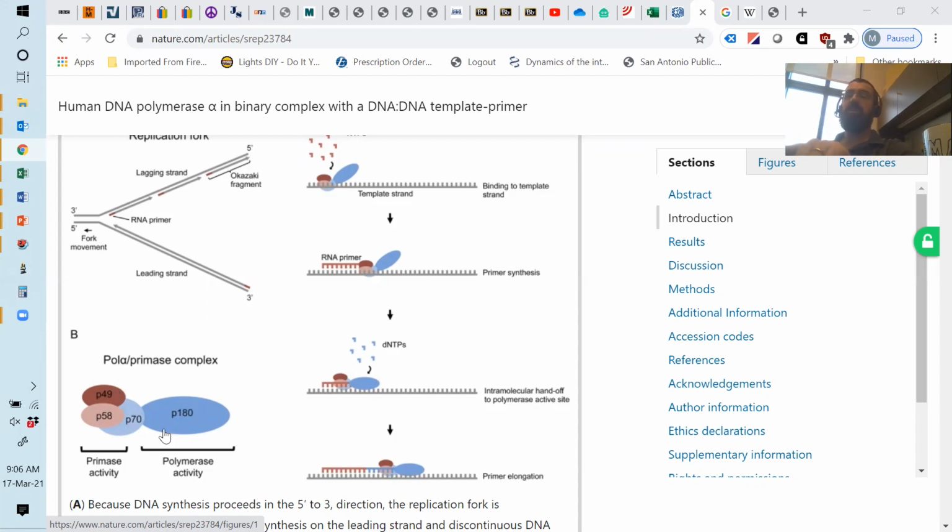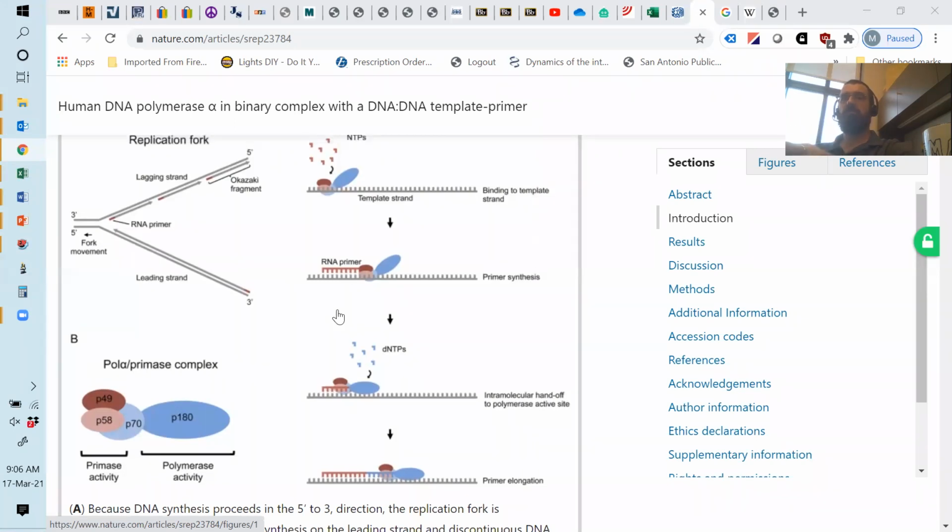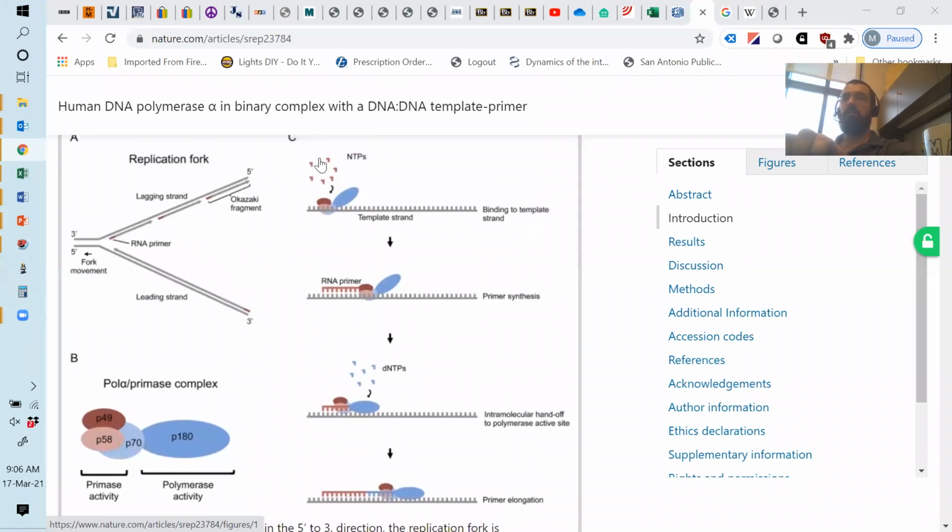Anyway, that aside, the reason why DNA polymerase alpha can both synthesize the RNA primer and DNA is that it's done by different parts of the protein, right? So these 3 proteins here together, I don't know why they're called P something, some kind of naming convention, I think it's probably based on their size, would be my guess. These 3 together synthesize RNA, which you can see up here.